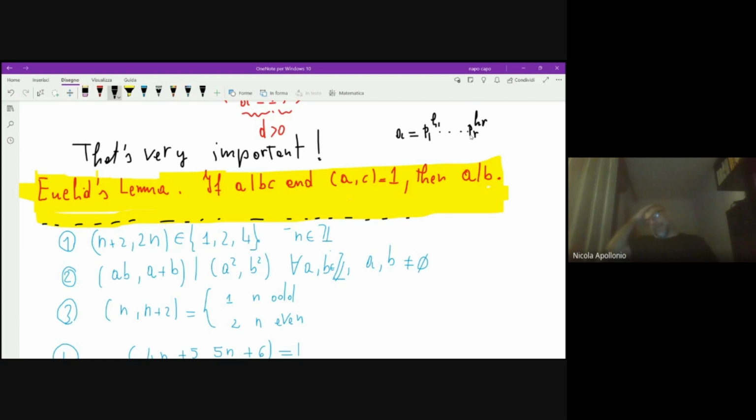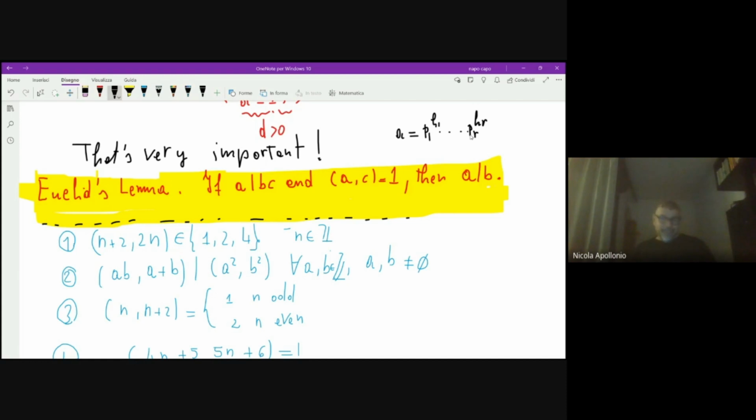Of course, you can permute, you can change the order. So the unicity of this representation is given up to the order of the factors.